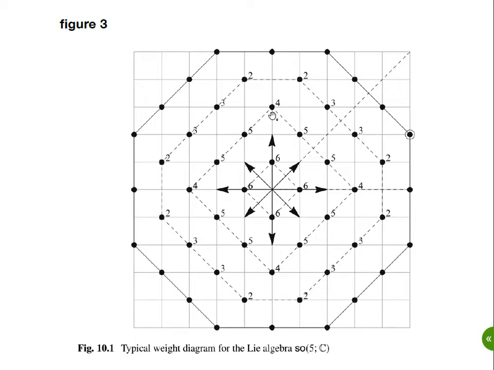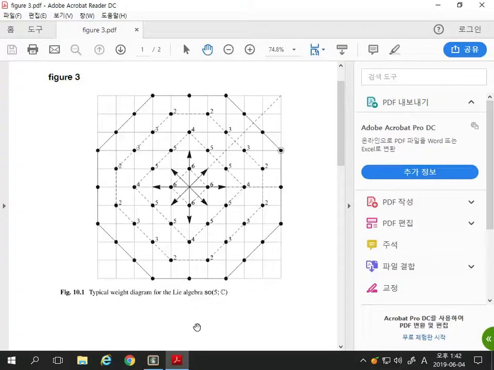We don't know how to do this yet, but we will learn that later, next week. If you know this diagram, you can tell immediately whether a given integer point is a weight or not, which is very nice. For the multiplicity, we will look at that later.